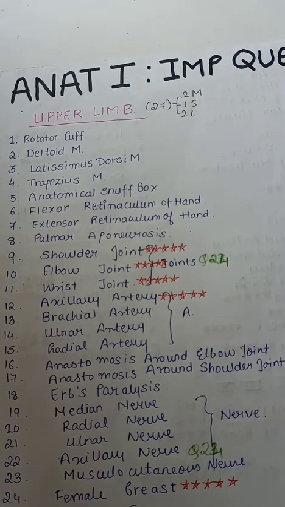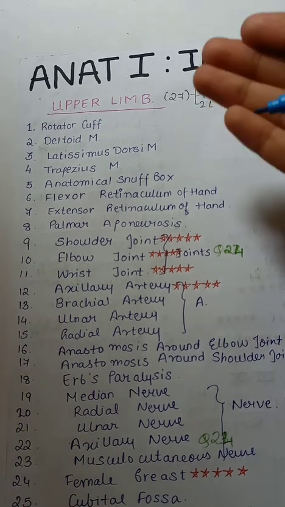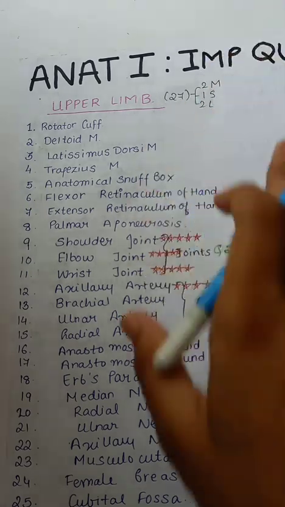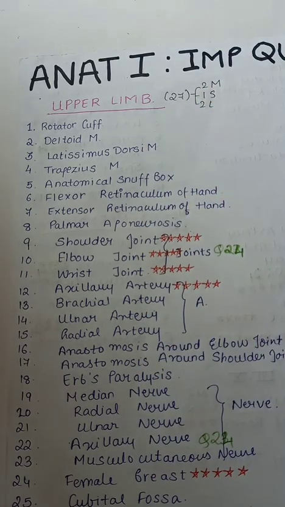If you have not watched the video on syllabus and paper pattern, I have already uploaded that video, in which it is given which question number will be from which topic, so please check it out if you don't know that. From upper limb there are a total of 26 questions and 27 marks, and I can assure you if you do these 26 questions, no questions will be asked from outside.